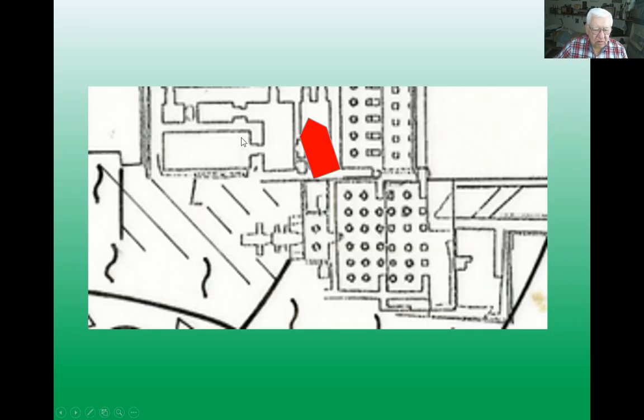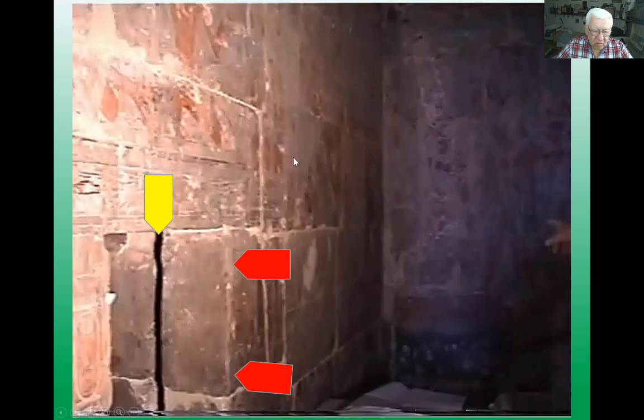Another place where one can observe exploitation of Esna shales under or between layers of limestones present in Esna shales is the chapel of Hathor.